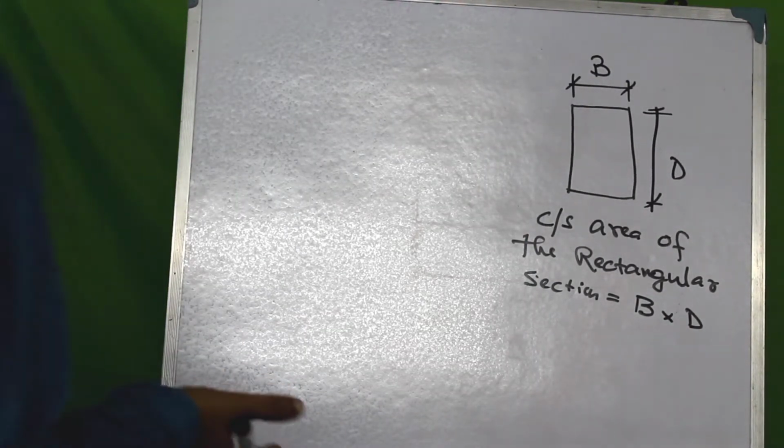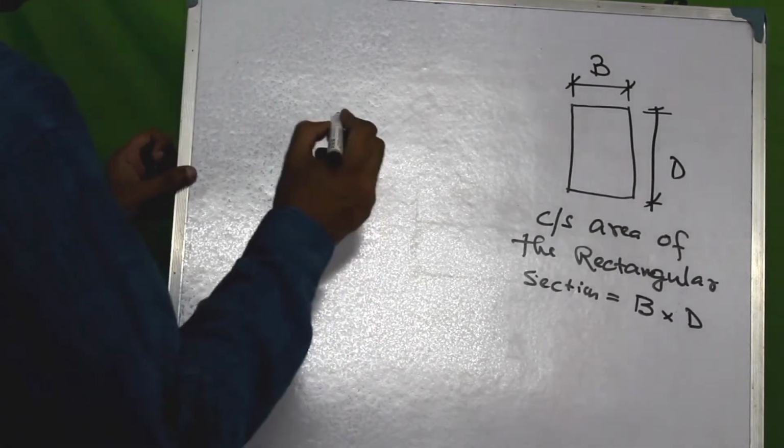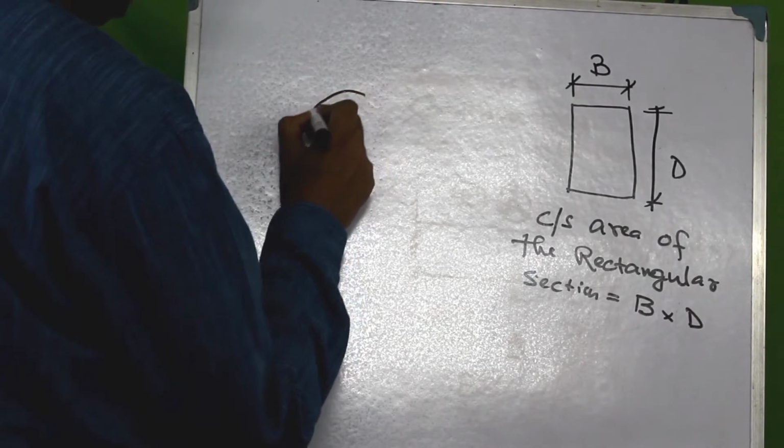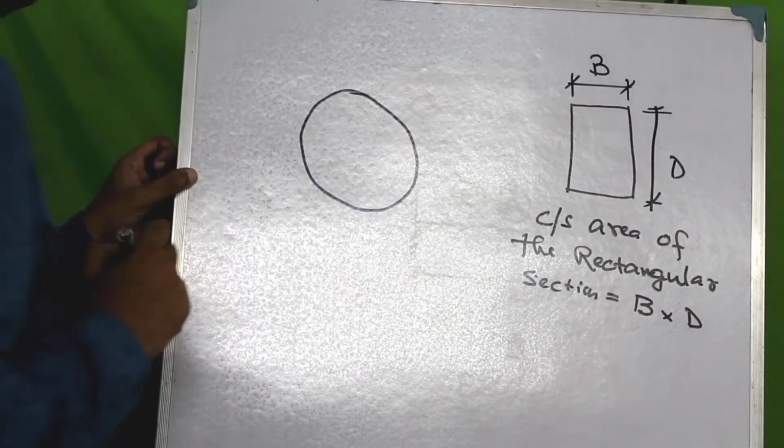The other common type of cross-section, in case the material is concrete, is a circular cross-section. And generally we would find columns having this type of cross-section.